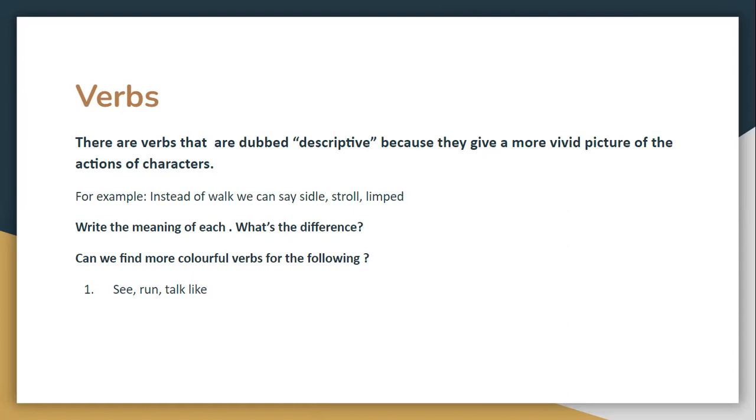So instead of see, you glance, glimpse, stare. Instead of run, you bolted through the door, sprinted. Talk, they chattered, gossiped. Like, it was appealing, it was enticing, I admire.